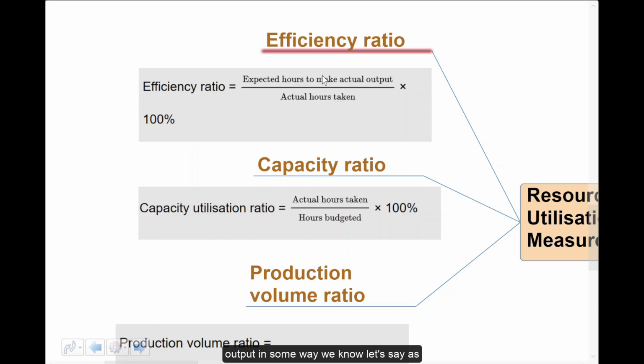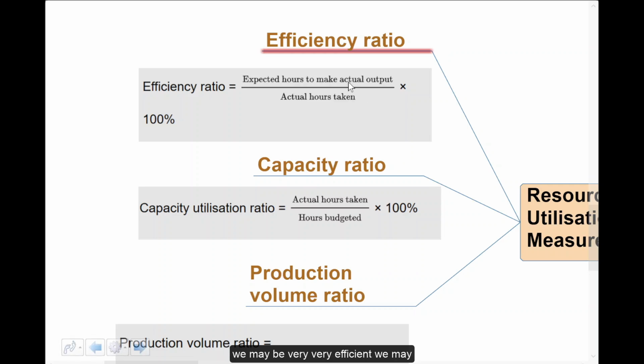We know, as a manufacturing entity, the expected hours. We know that it takes normally 10 hours to make that actual output. But we also know that the actual hours taken could be different. So let's take expected divided by actual and multiply by 100%. That's going to tell us how efficient we are.